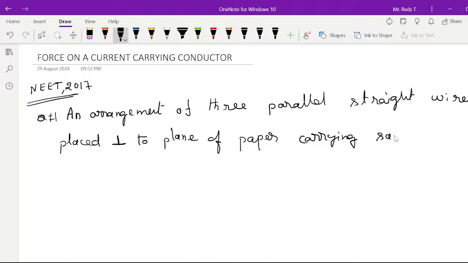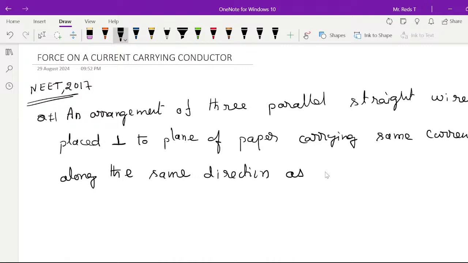Carrying same current I along the same direction, as shown in figure.